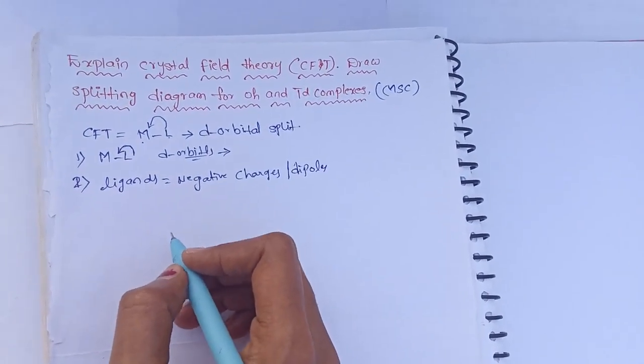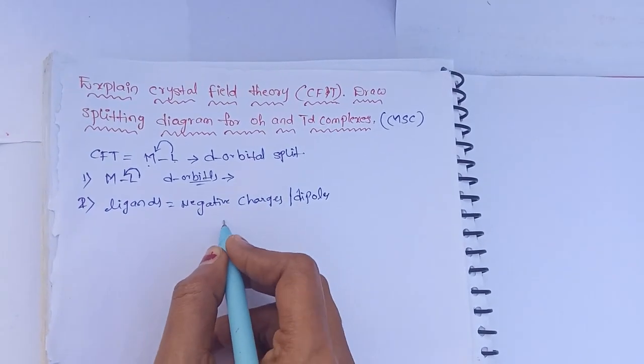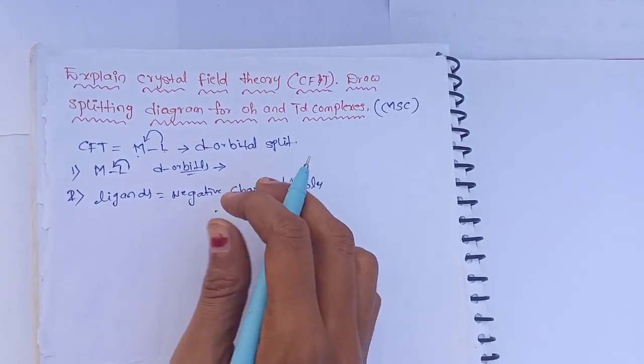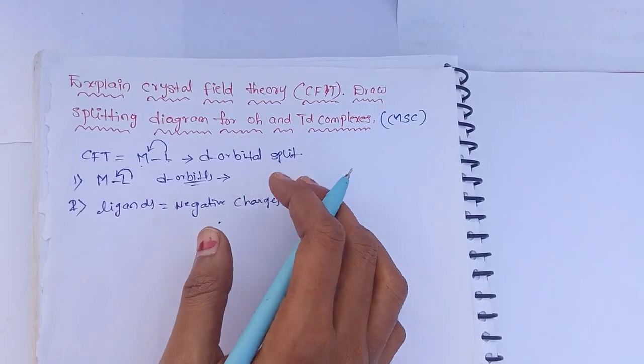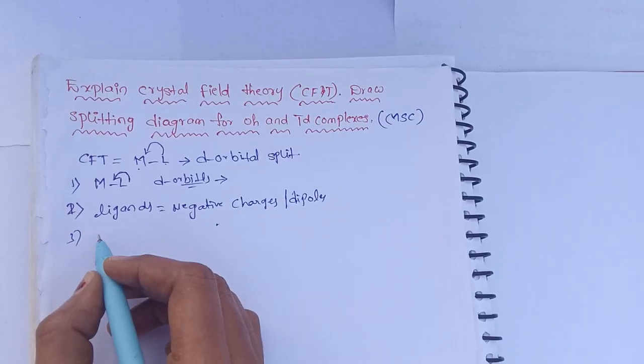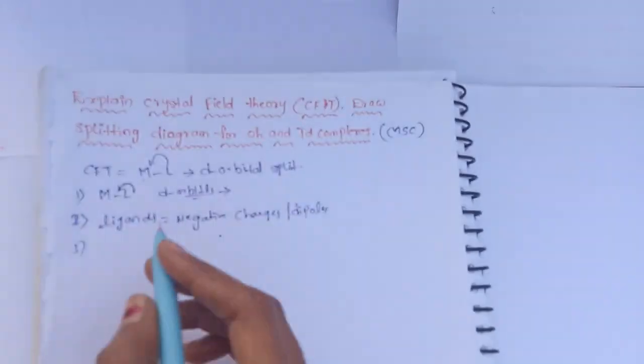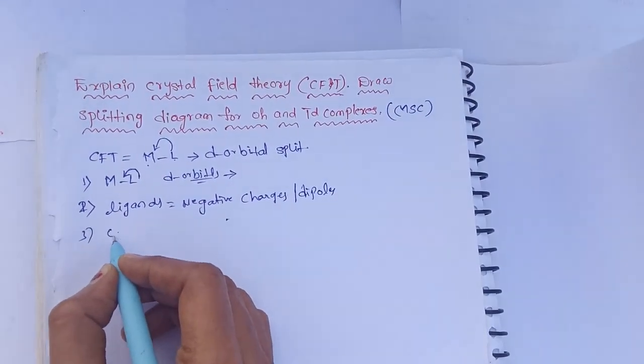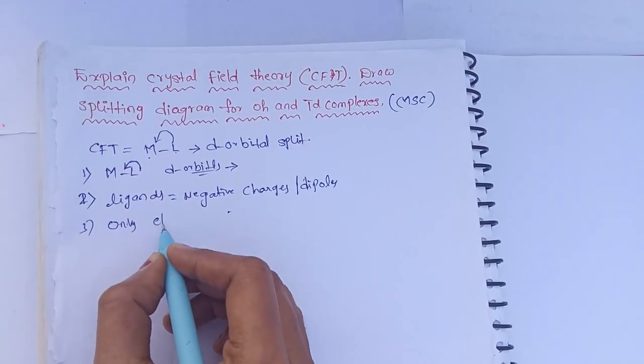So we have to see the ligands as negative charges. The third point is that we have to consider only the electrostatic repulsions.